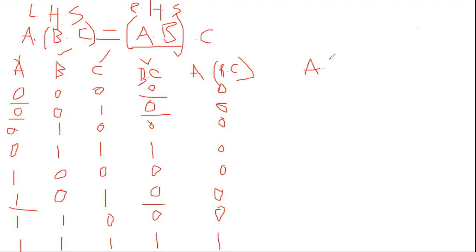If you understand this truth table, in the same way we do it for any law. First we are calculating A dot B. Here A is there, B is there. 0, 0, 0, 0, that means 0. Next 0, 0, that is also 0.